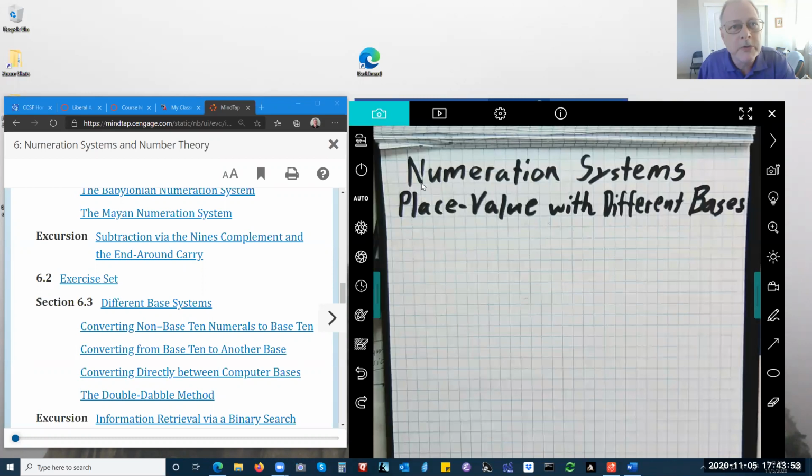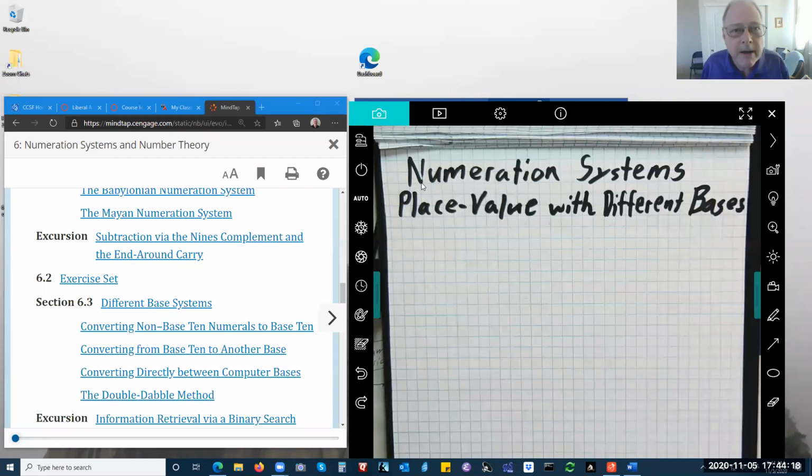And the choice of base 10 was completely arbitrary. Maybe it's because we had 10 fingers, I don't know. The Hindu-Arabic system used that, and the Chinese number system used that. So we're used to base 10.